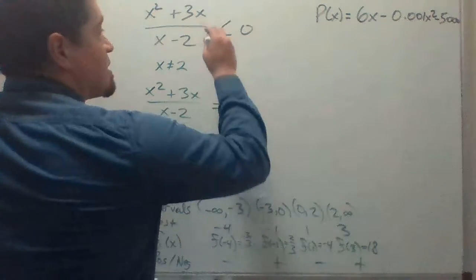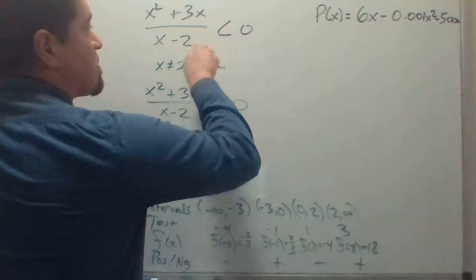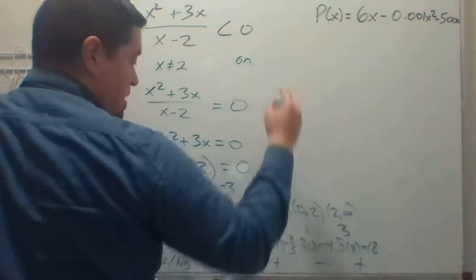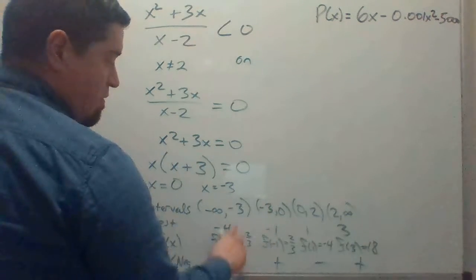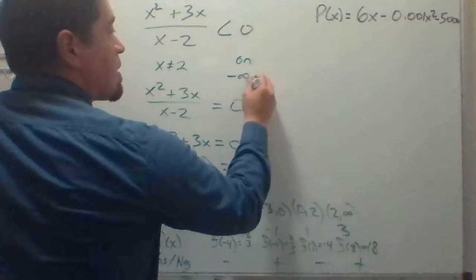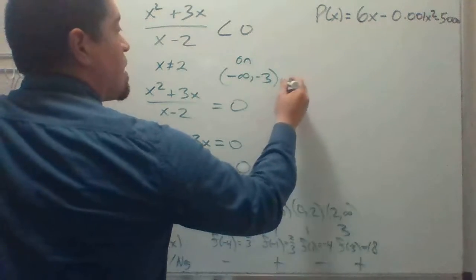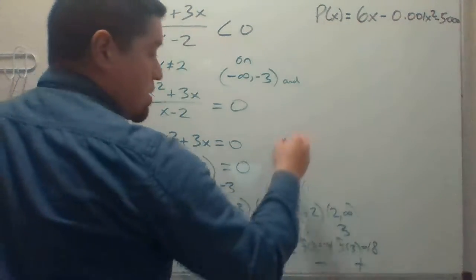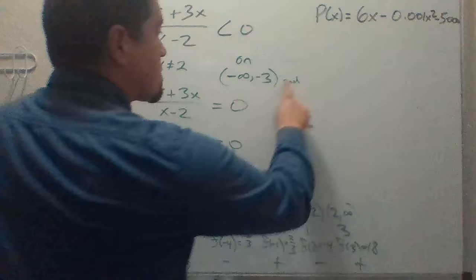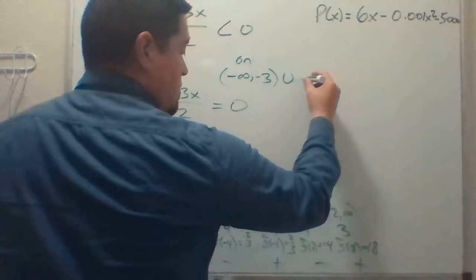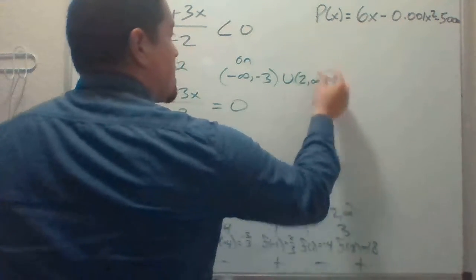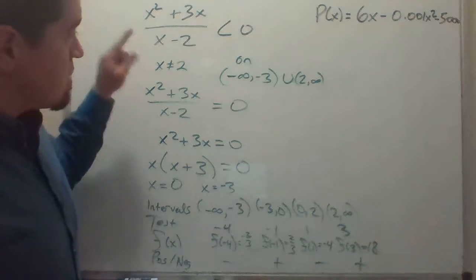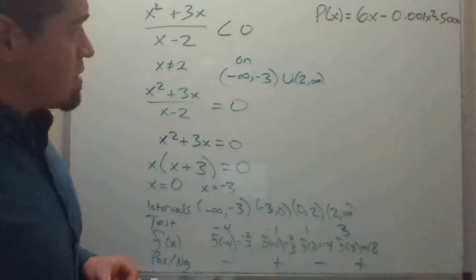So we'll say x squared plus 3x over x minus 2 is less than 0 on the interval negative infinity to negative 3, and, to be precise, union 2 to infinity. That's how we would answer this, similar to the last one.